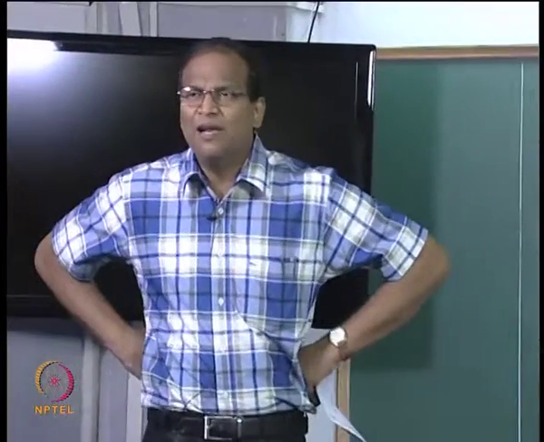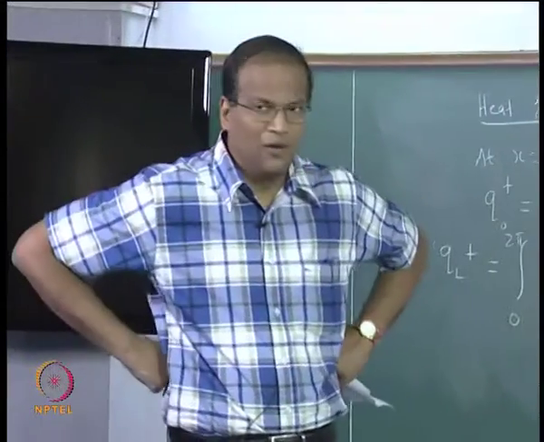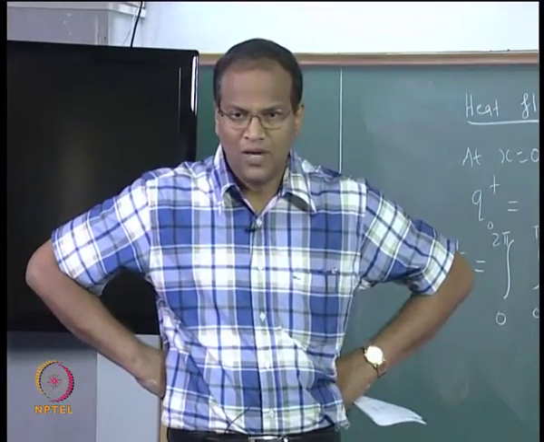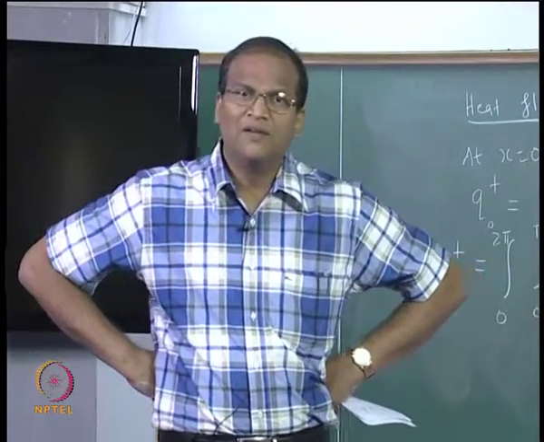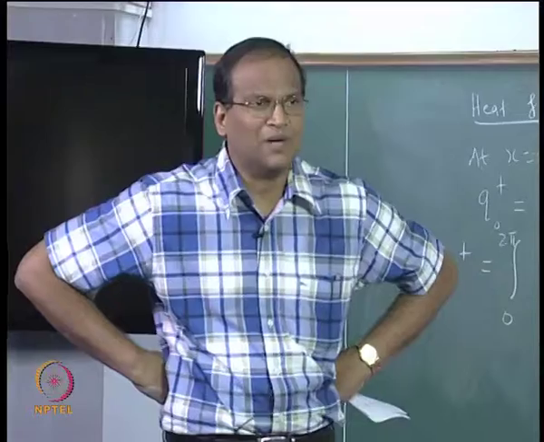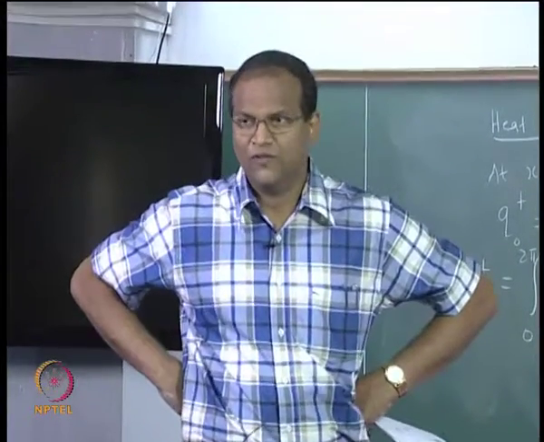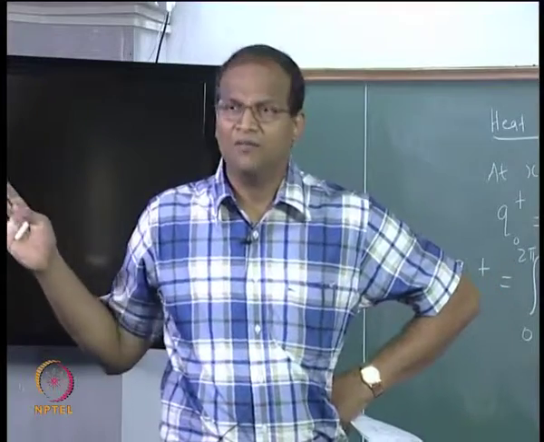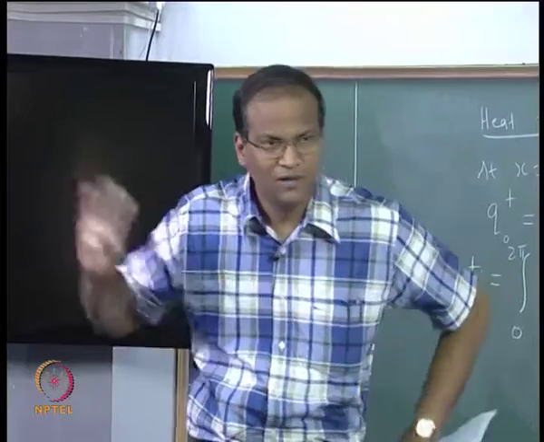Why can't this IL be taken out? IL is a function of mu, guaranteed, because we saw that tau x by mu and all that. So it cannot be pulled out of the integral. But if you have azimuthal symmetry, then integration with respect to d phi, the azimuthal angle, can be done. So the first simplification is I will pull the d phi out and put the 2 pi. Can I do that? Okay, let us do that.